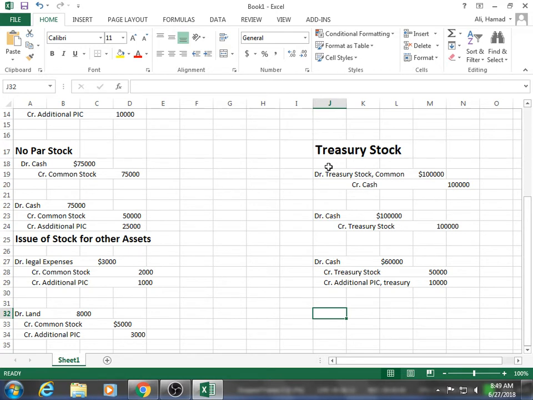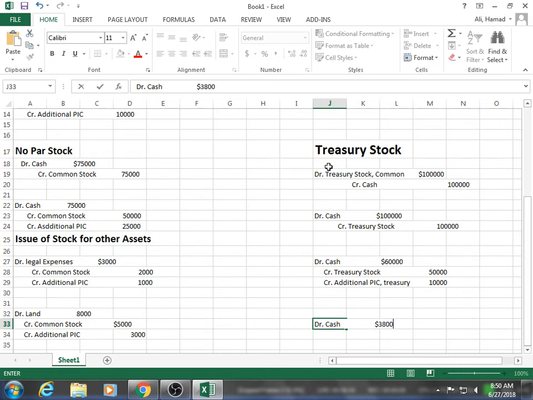Let's see if we have enough. We're going to debit cash. We debit cash for 1,000 times 38, which is 38,000.